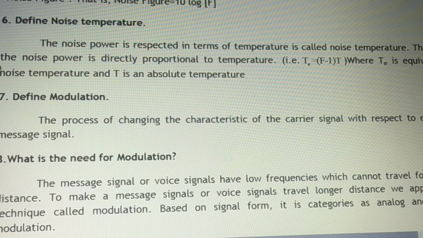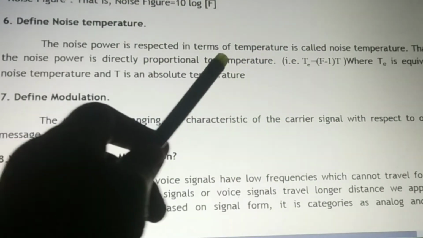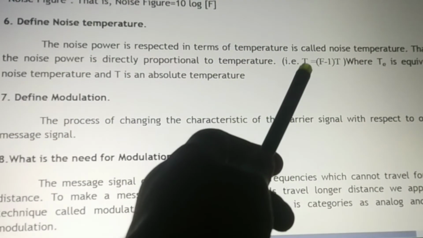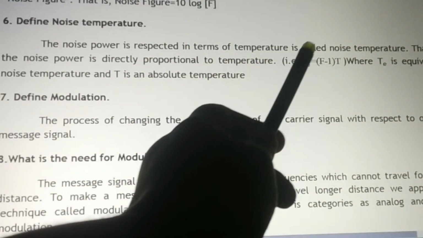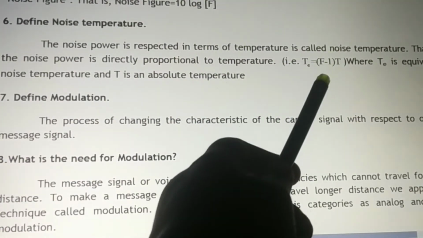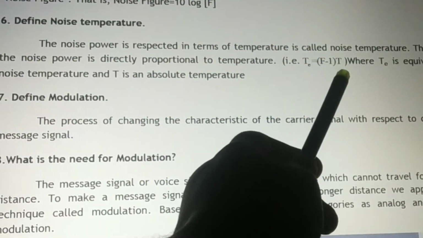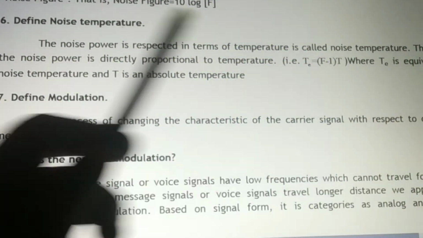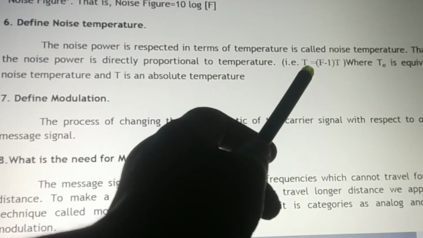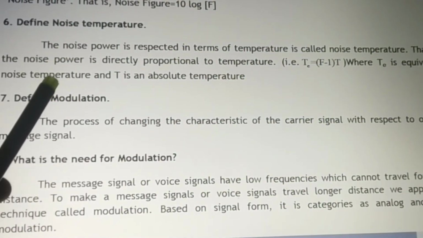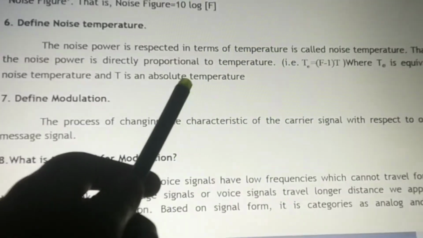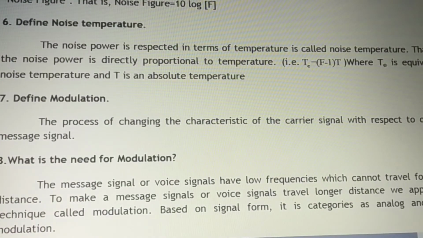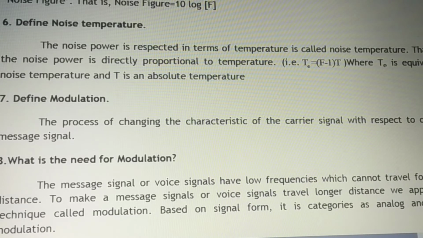That is, the noise power is directly proportional to the temperature. Temperature Te is equal to (F minus 1) times T, where Te is the equivalent noise temperature and capital T is the absolute temperature. So if the noise power is represented in terms of temperature, it is nothing but noise temperature.